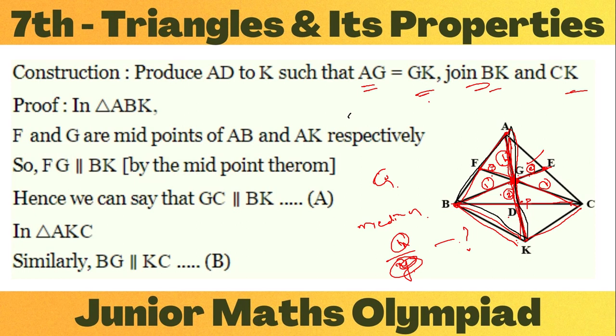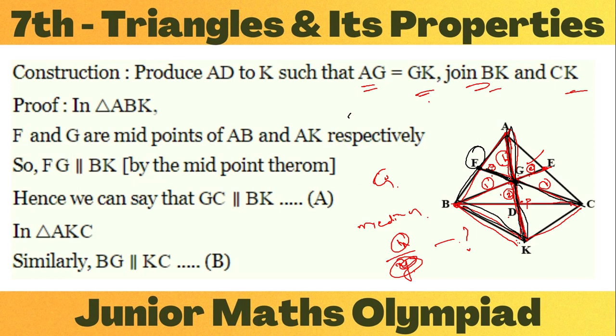In triangle ABK, as per midpoint theorem, this F is the midpoint, and we are drawing the line FG through C. Also G, as per construction, AG equal to GK, so G also will become the midpoint of AK.